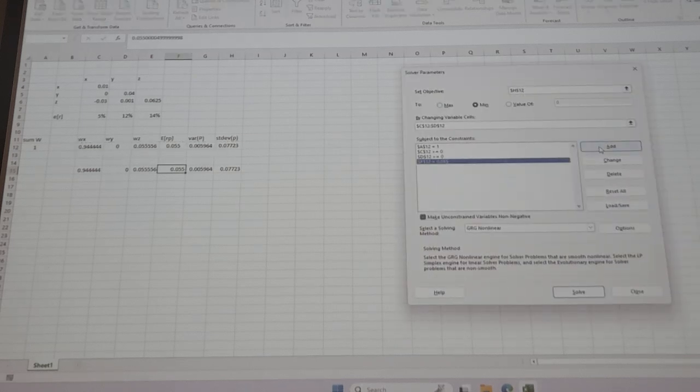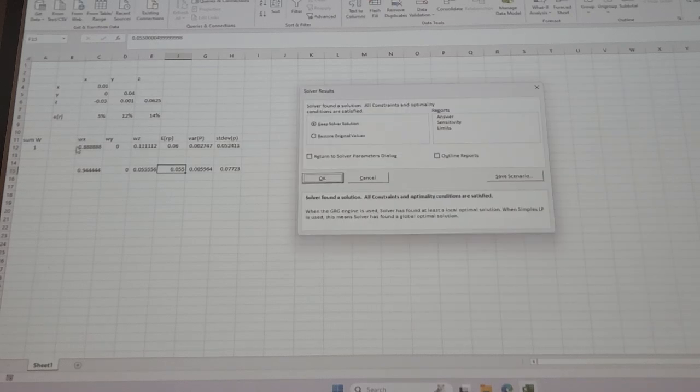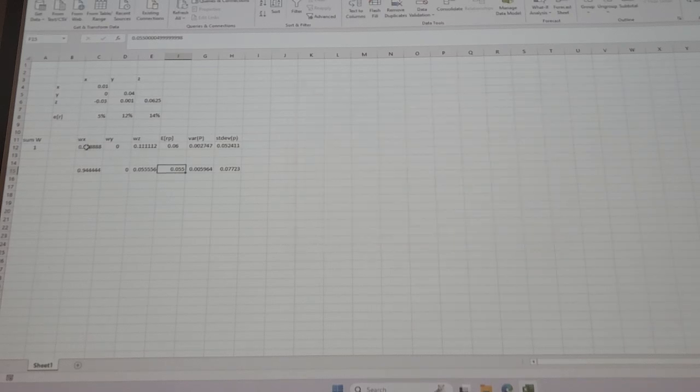What do you think we're going to have to do next? You go back to Solver, change these from 0.55 to 0.6. And there it is. We got some other numbers. And copy it, paste special, and keep going.